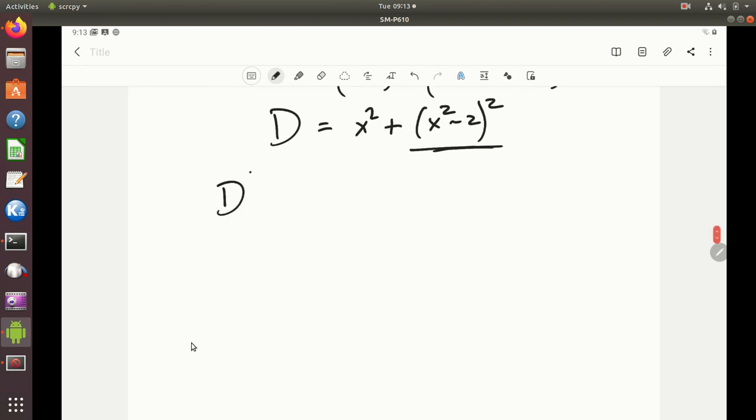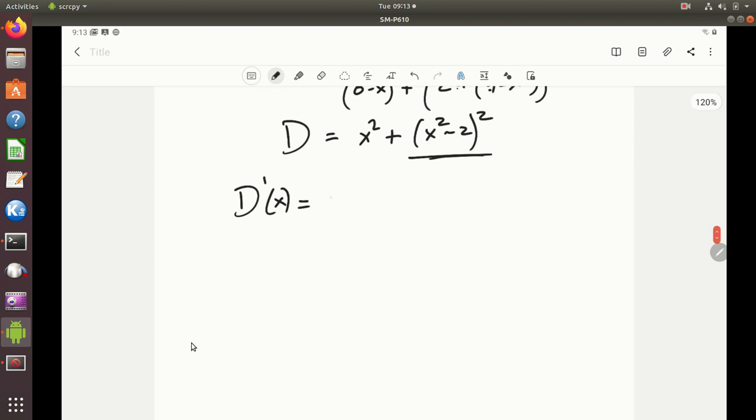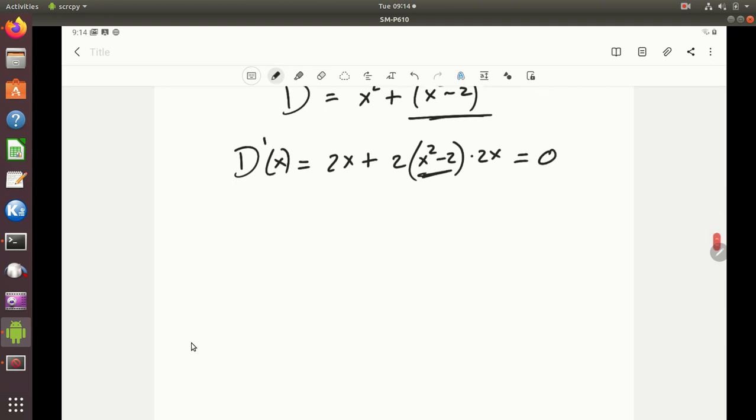And so I want to find the critical number, so d prime of x, I get 2x plus, now the chain rule, bring down the 2, that's x squared minus 2, and then I need to multiply by the derivative of what's inside, so that's 2x, and I need to set all that equal to 0 to find the critical numbers.